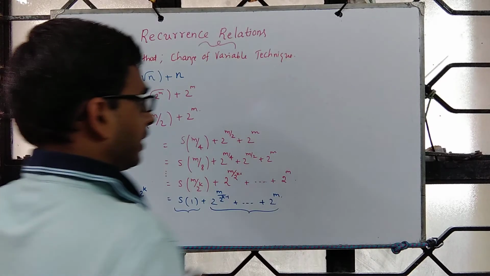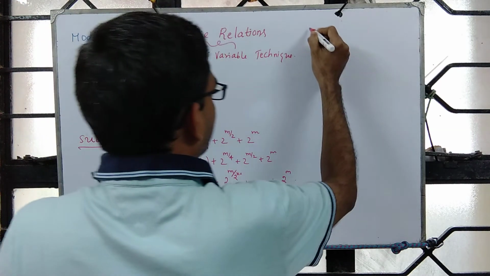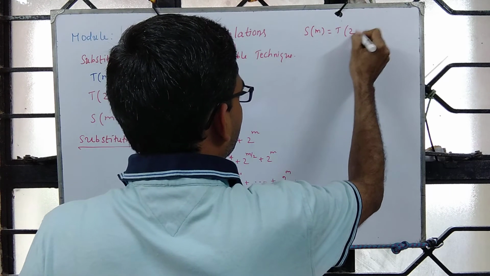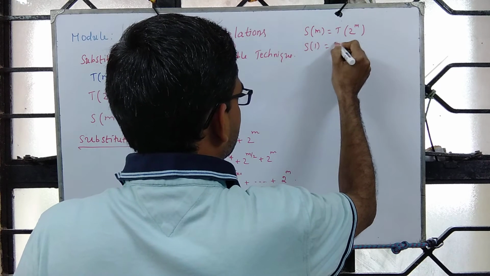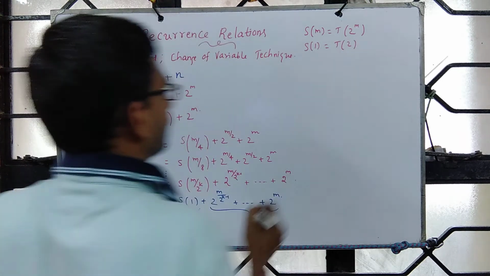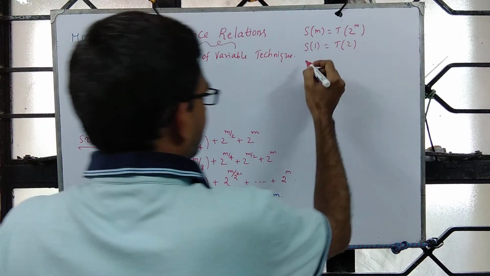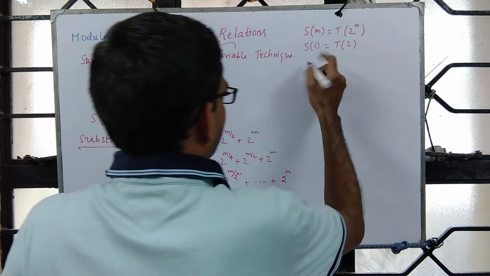Okay. Now you can see that S of m is t of 2 power m, which means S of 1 is t of 2. Now in the given relation, what is the value of t of 2?